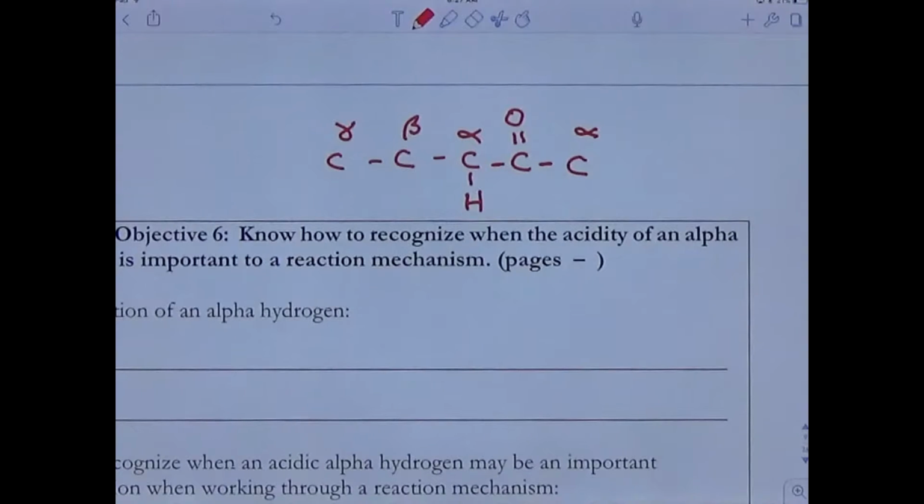Yes, any carbon directly attached to that is going to be an alpha carbon, and it could have hydrogens attached to it. You might have more than one, and either one of them could be acidic.